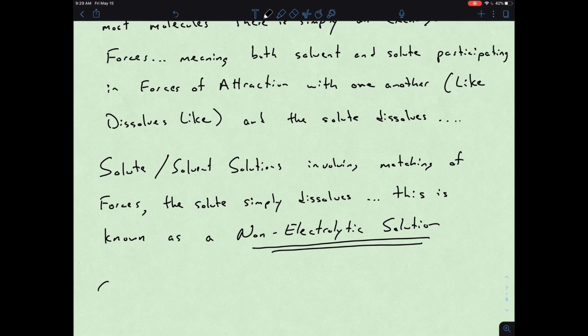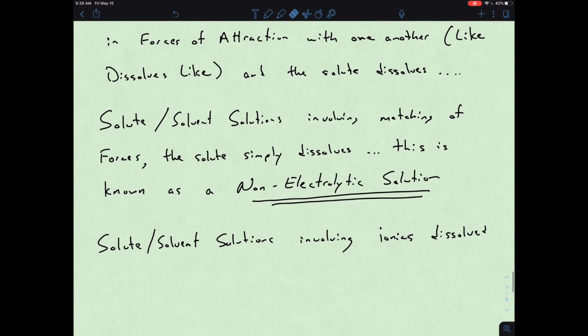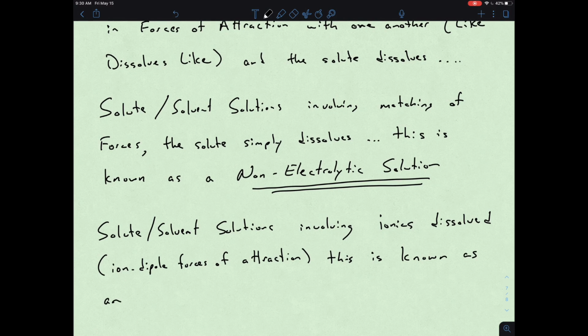When we have solute solvent solutions involving ionics dissolved, or this new force of attraction, right, this ion dipole forces, this type of solution is known as an electrolytic solution.